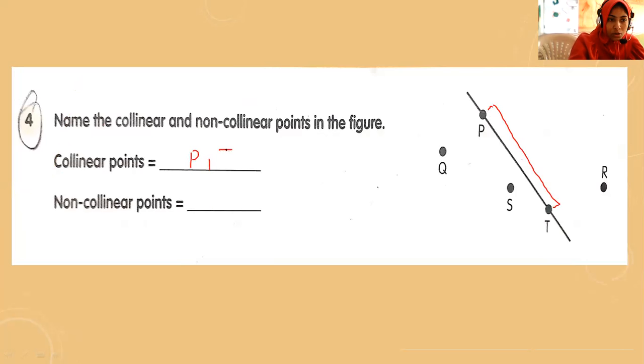In the same way, you can see that Q, S and R are not coming in a line, so you can write that Q, S and R are non-collinear points. Point U, S, R are non-collinear points. So here we complete our S1 and the topics we read earlier.